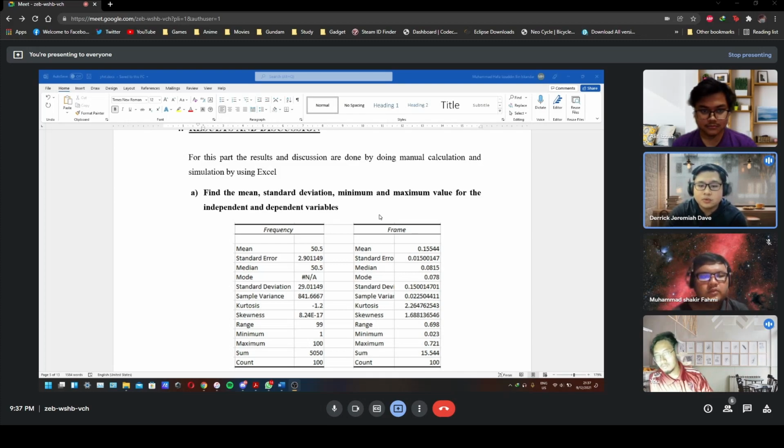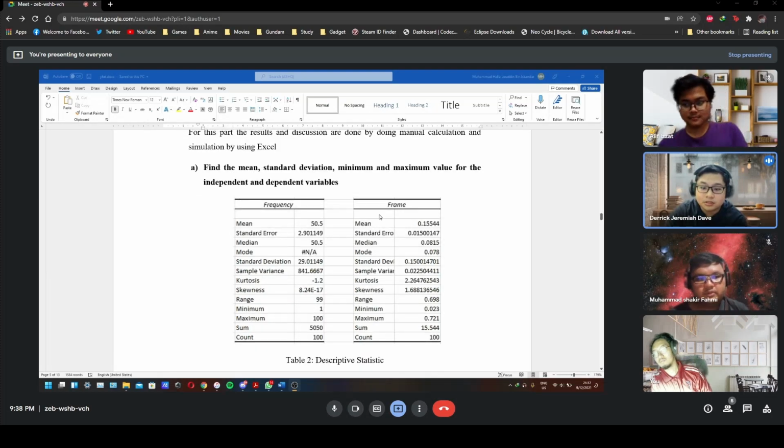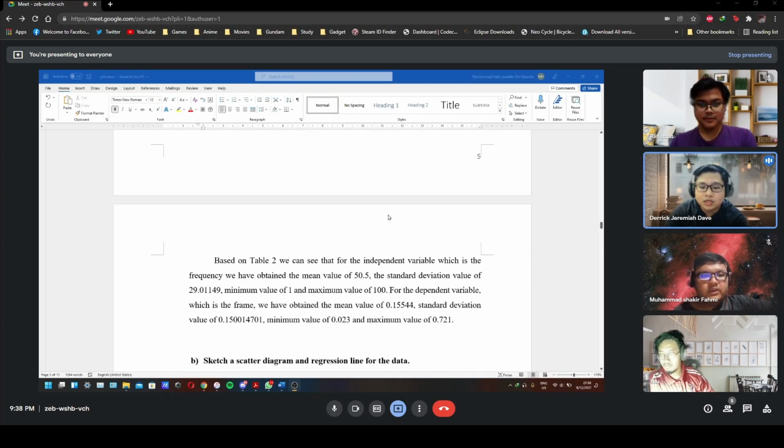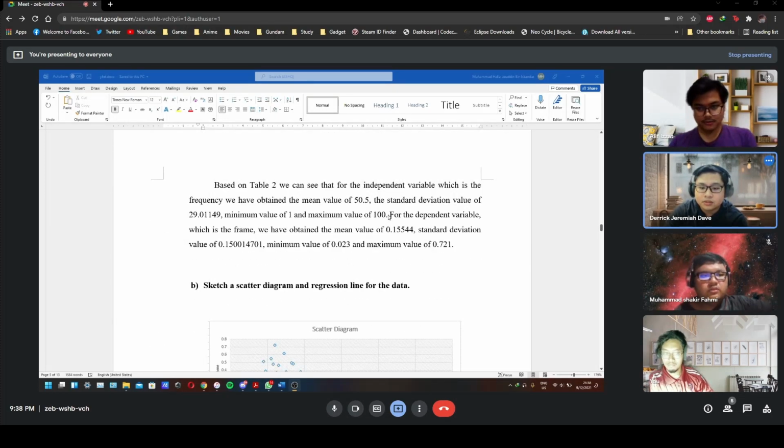In our experiment, we are required to find the mean, standard deviation, minimum and maximum value for the independent and dependent variables. As you can see here in table 2, this is our descriptive statistic. Table 2 shows that the independent variable, frequency, has a mean of 50.5, a standard deviation of 29.01149, a minimum value of 1, and a maximum value of 100.